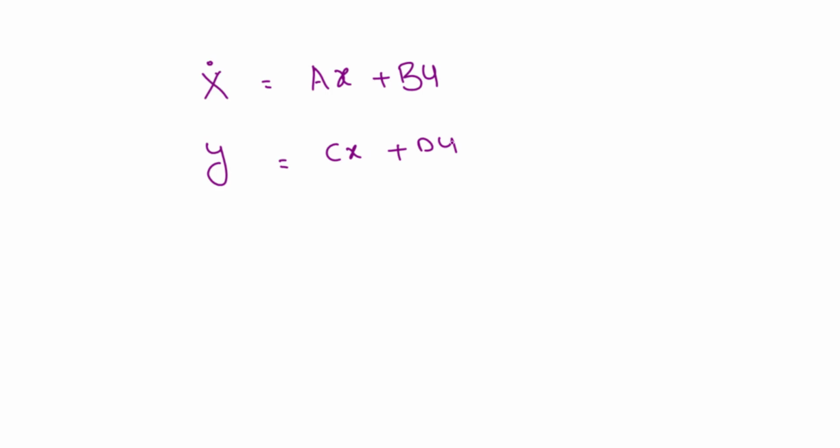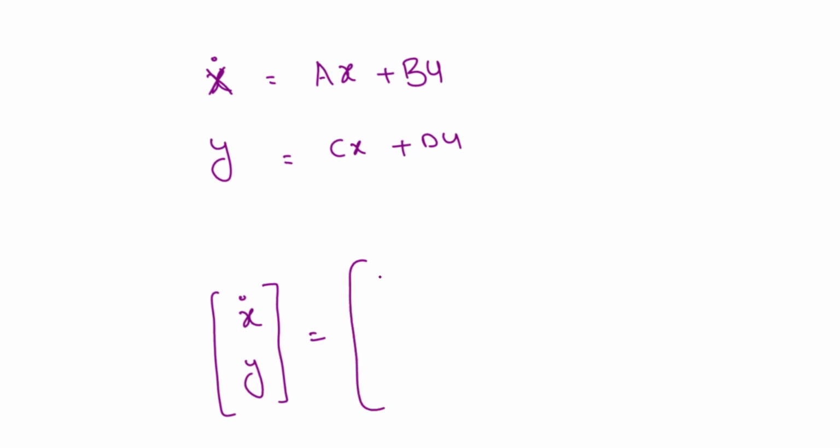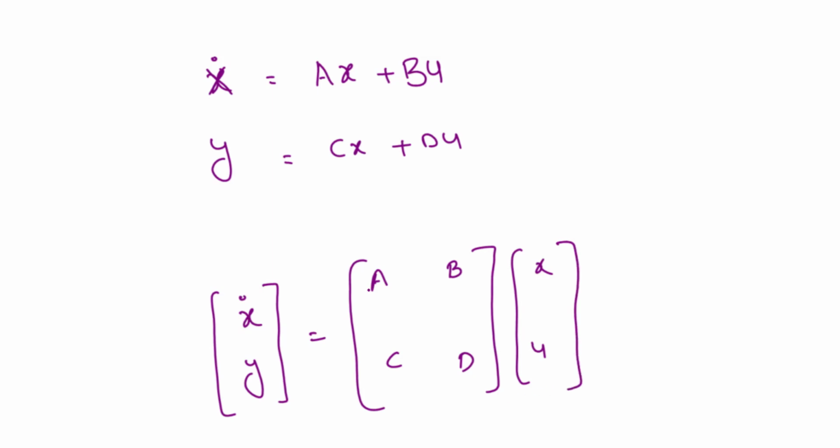I will tell you one by one carefully. Suppose this x I am taking as a small x, and x dot I am putting in matrix form, with y, along with A, B, C, D, and x and u. You observe carefully: x dot is equal to ax plus bu, y is equal to cx plus du.